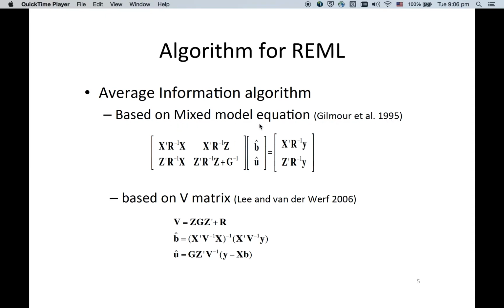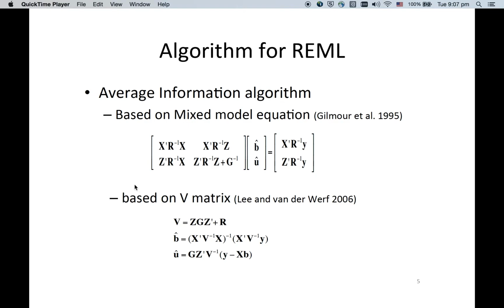So the mixed model equation looks like this, that includes fixed term and random effects term, and solving this equation. I'm not going to explain much detail. I'd like to just introduce the concept comparing two different algorithms and their application.